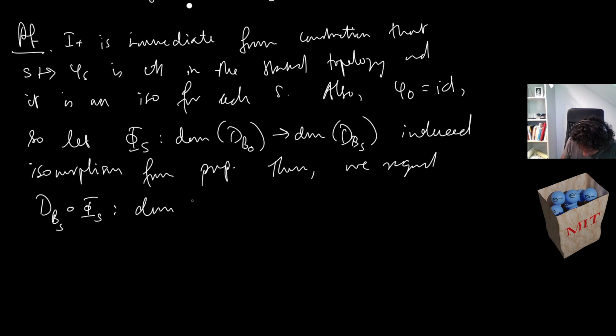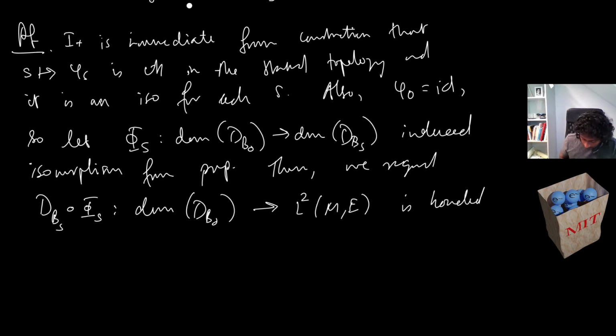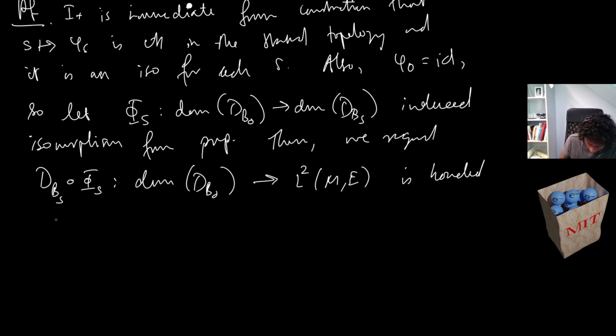This is now a bounded operator from the domain of D_B naught. So the main point of doing this is that we have a fixed space now, right? So this is a bounded operator in this fixed space. In terms of the domain of D_B naught, I'm not saying that it's bounded in L2, I mean with respect to the graph norm.